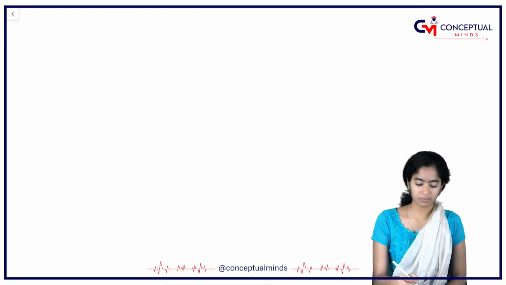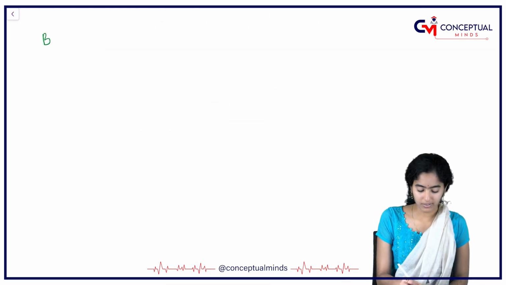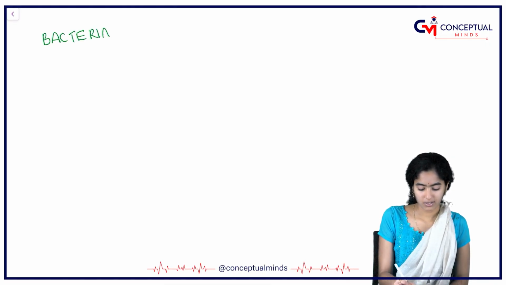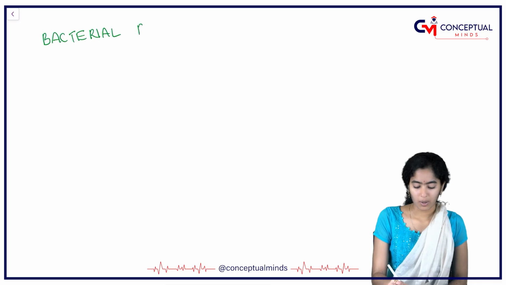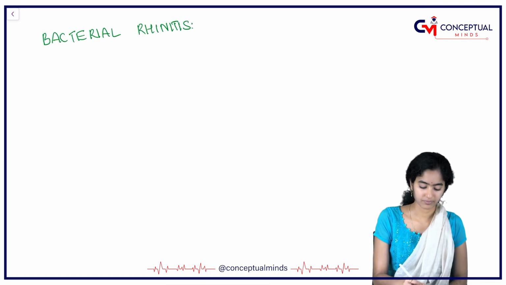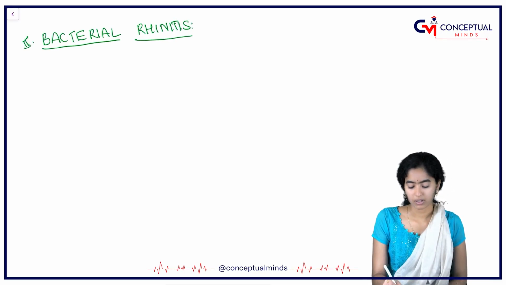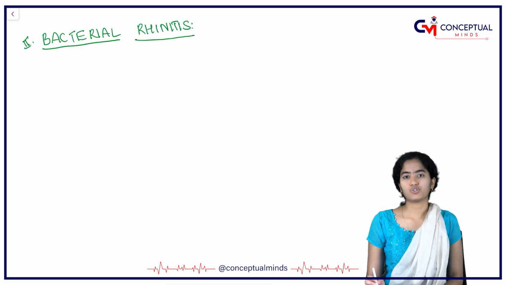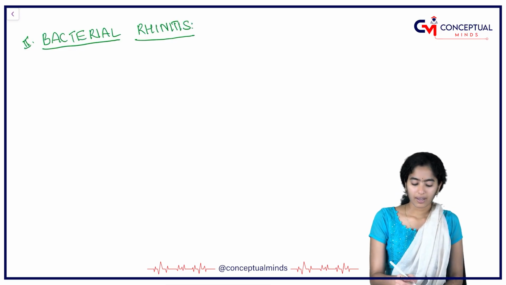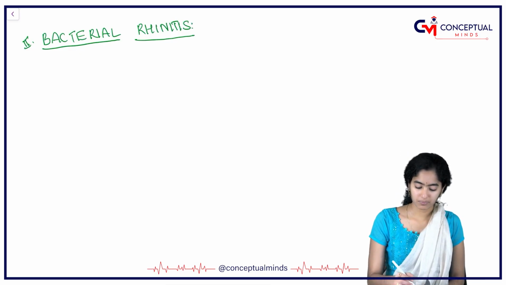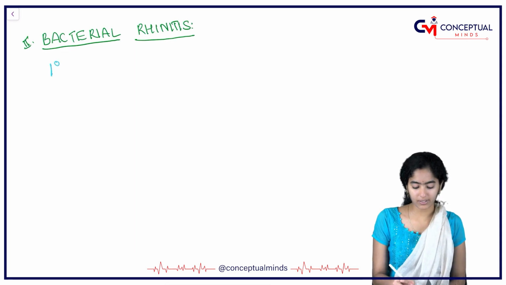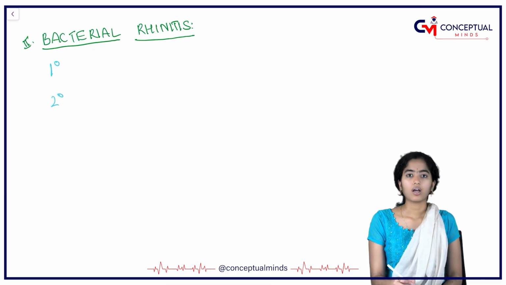Next, let us learn about bacterial rhinitis. After viral rhinitis, next category is bacterial rhinitis. Bacterial rhinitis usually occurs in children and it is of two types: primary bacterial rhinitis and secondary bacterial rhinitis.